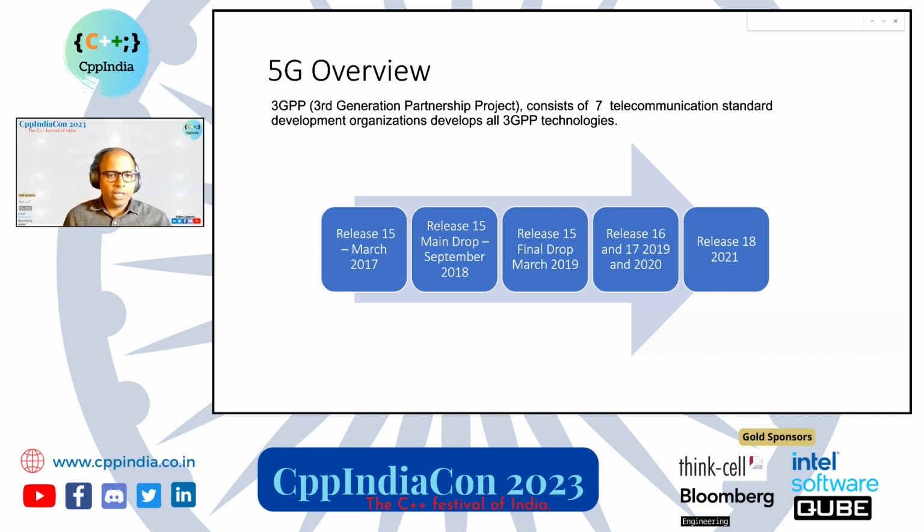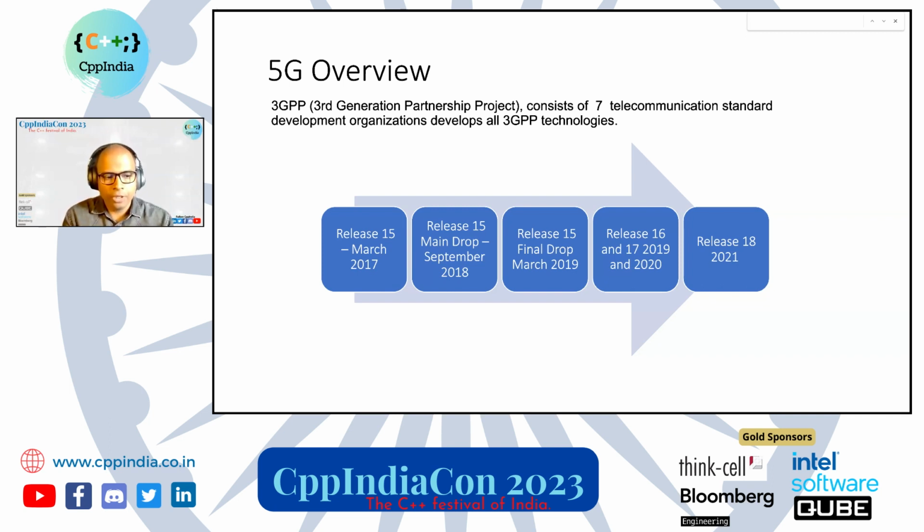The first release of 5G, which we call 5G today, is basically release 15, which was done in March 2017. This is called the first drop. But the real game changer for 5G was the main drop of release 15, which came in September 2018.